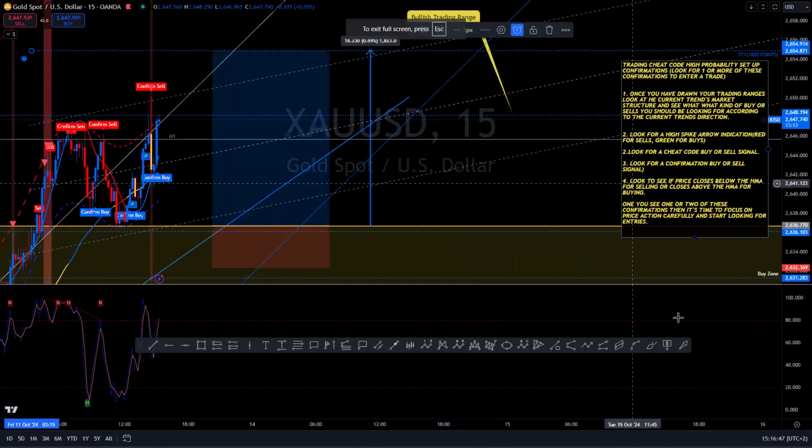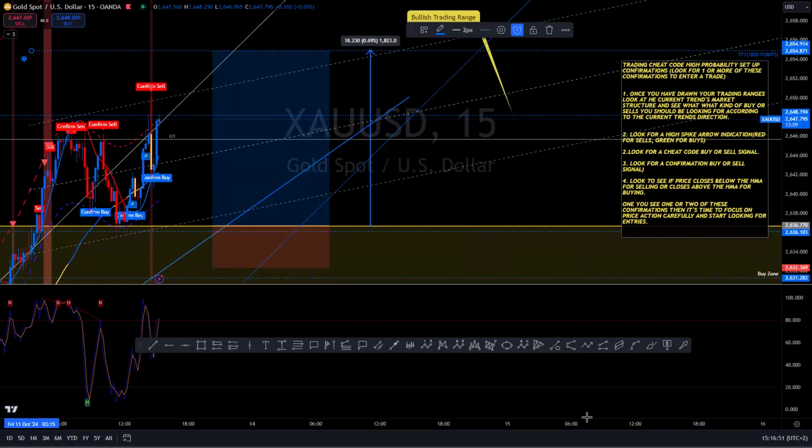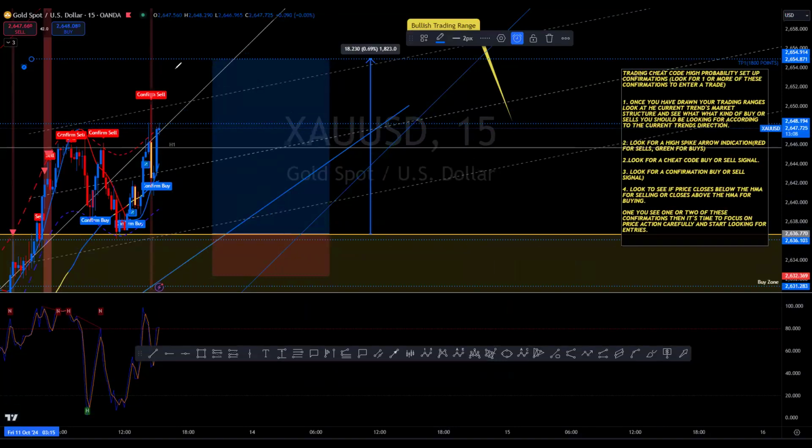So now what we're going to be looking at, when we look at current price, we got a confirmation buy here. It's lining up with structure. So we have two confirmations here. It's lining up with market structure.